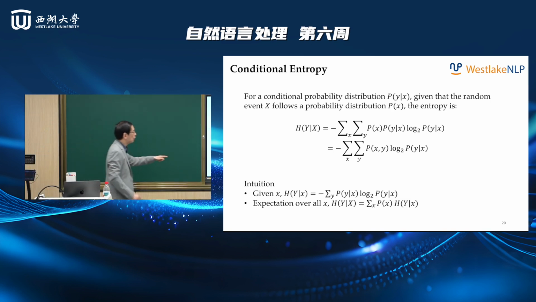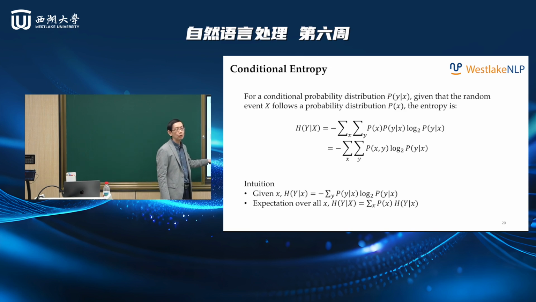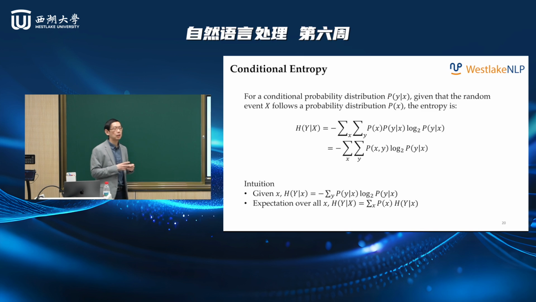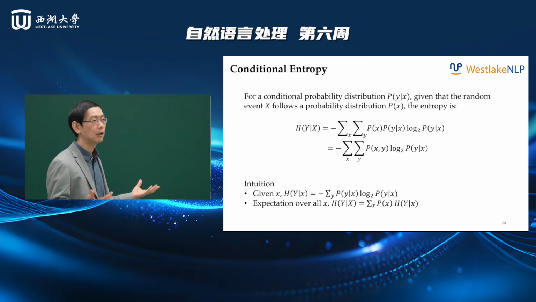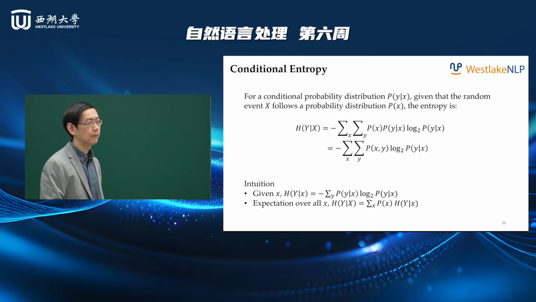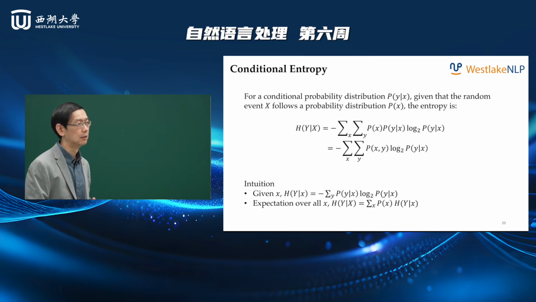If you know what x is, then p(y|x) will be similar to p(y) without condition, because you know the condition. So of course, you get an entropy equation, which is the sum of p(y|x) times minus log 2 p(y|x). But now you don't know x, x can be any input.